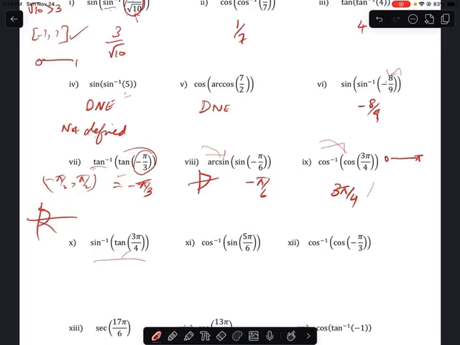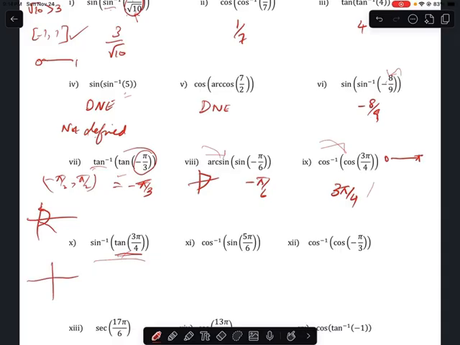So next one is arc sine of negative pi over 6. So negative pi over 6 is within our domain of sine x, which is from negative pi over 2 to pi over 2. So the answer will be negative pi over 6. Next one, cosine inverse of cosine of 3 pi over 4.